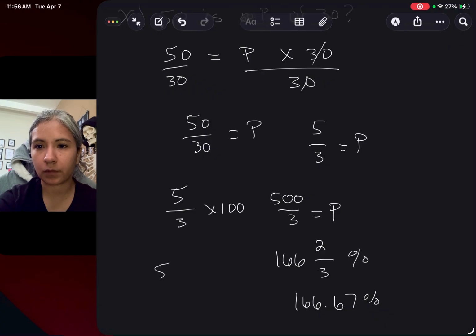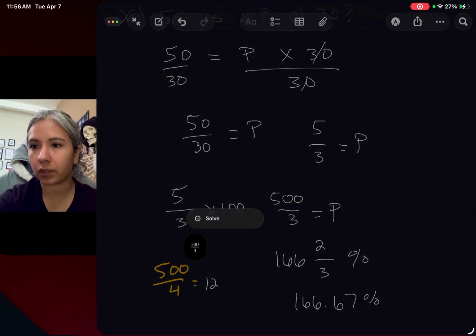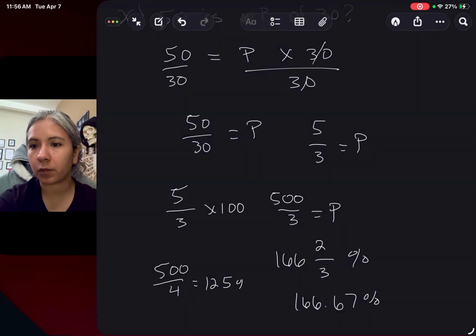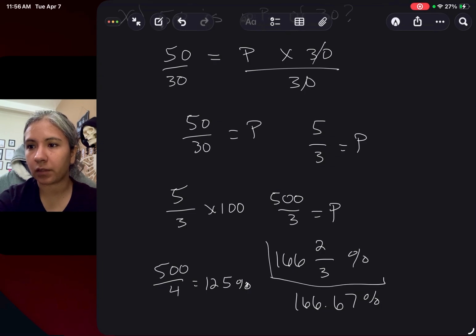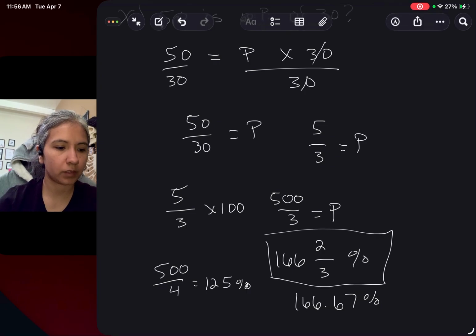What if we did 500 divided by 4? That would give us an even 125%. Well, we're dividing by a smaller number, so it doesn't evenly divide. So this would be the percent for ours.